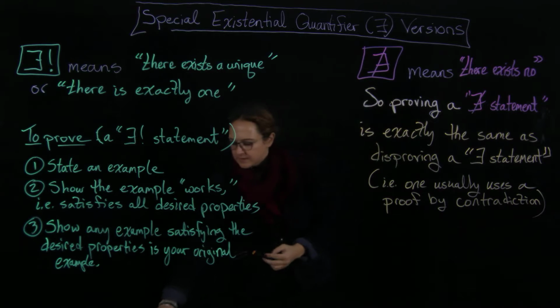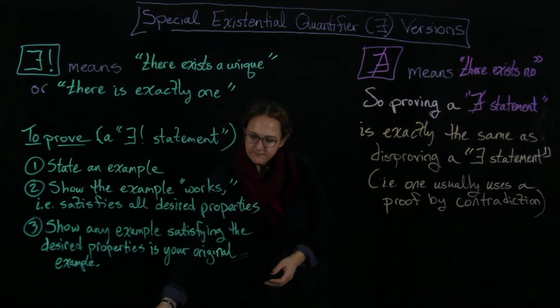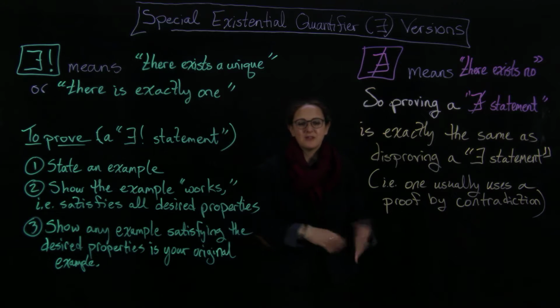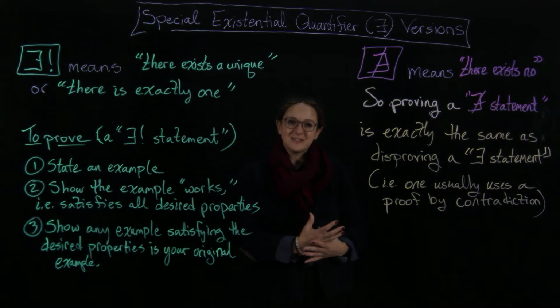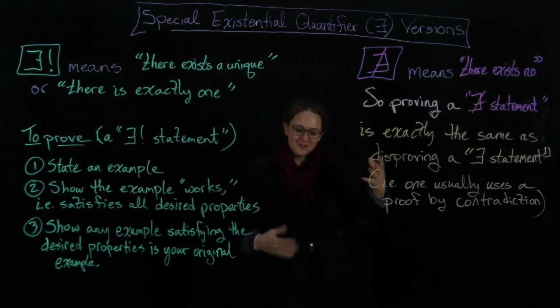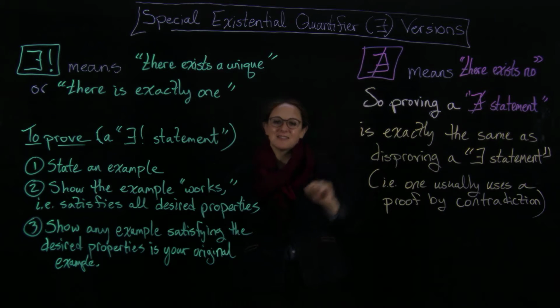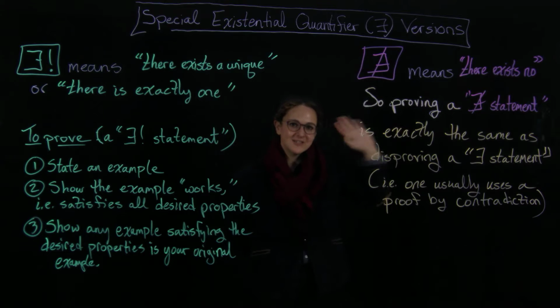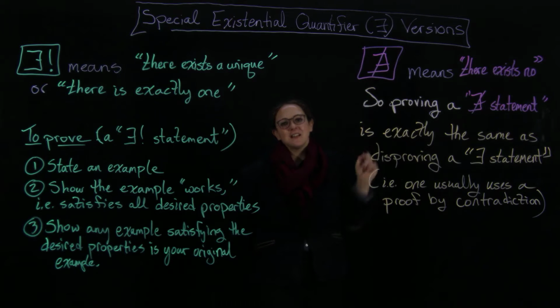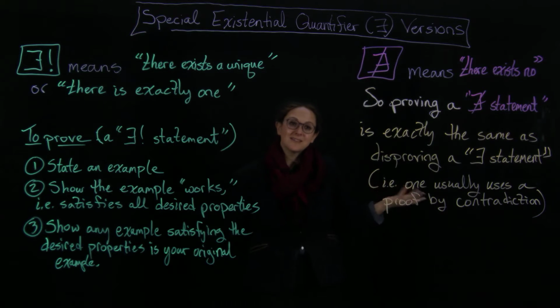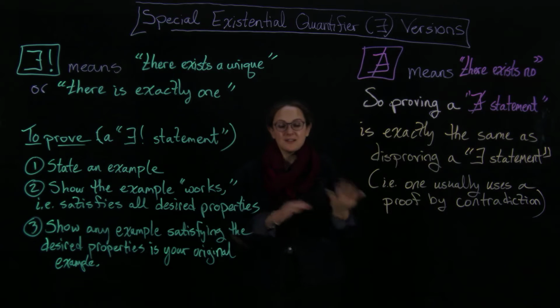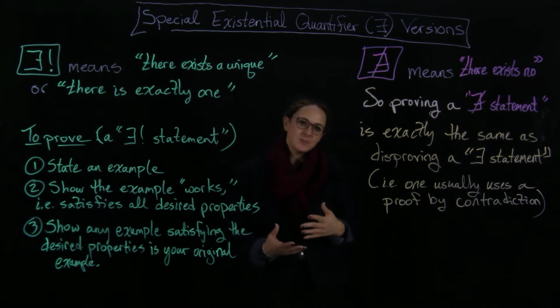In this circumstance, you're actually proving that there is none. There exists no means the opposite of there existing something. You're saying that there is none of this. So it's exactly the same as disproving a there exists statement. A lot of times people do this by proof by contradiction.